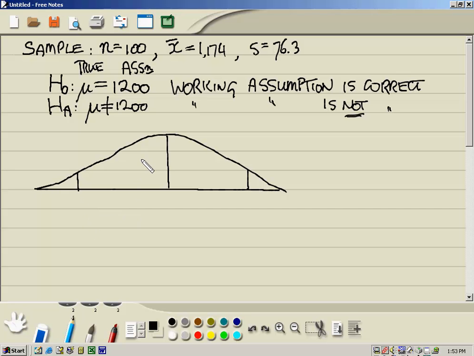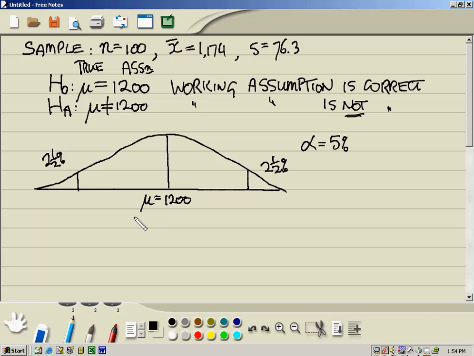Alright, when we do this we go back and look at the null hypothesis, and we have the null with mu equal to 1,200, so that's where we center the distribution. Remember, we were asked to use an alpha of 5%, so we have 2.5% in the two tails, each of the two tails. And we have the mean 1,200.